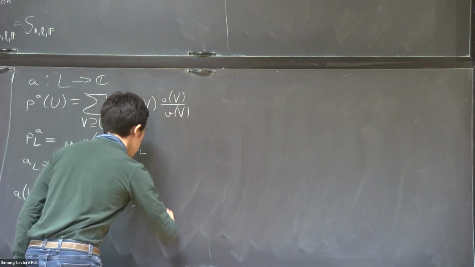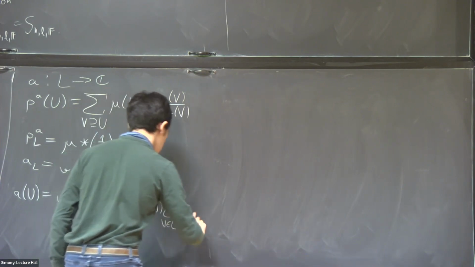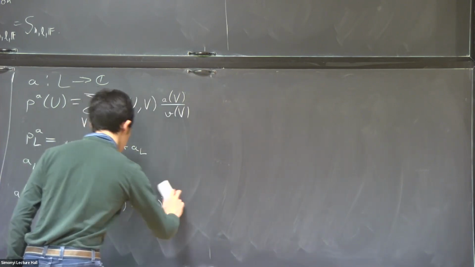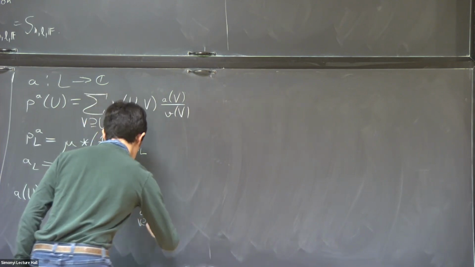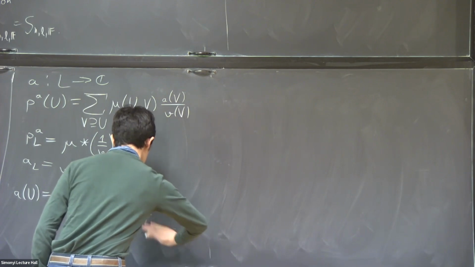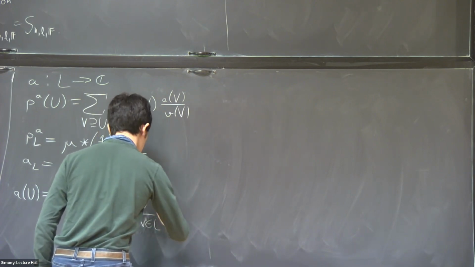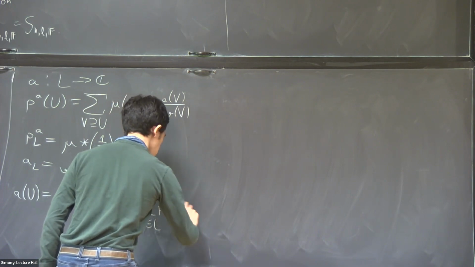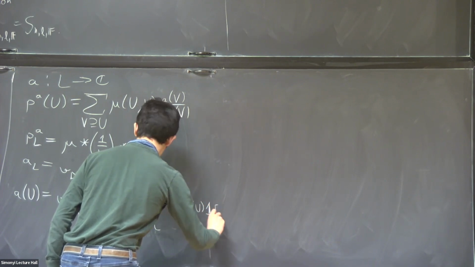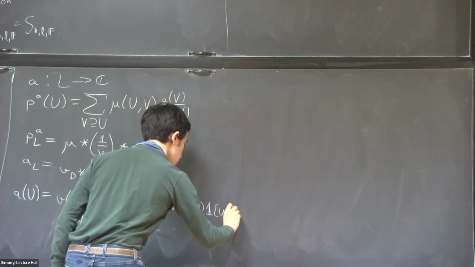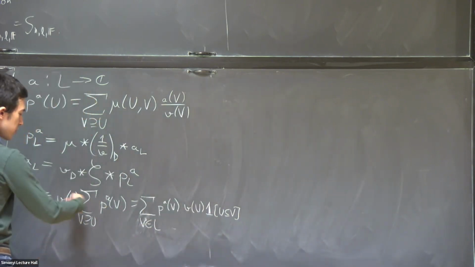You can write this in a slightly different way, in DL. Maybe I'll put VU inside. So I put the condition into an indicator and I put the VU inside.